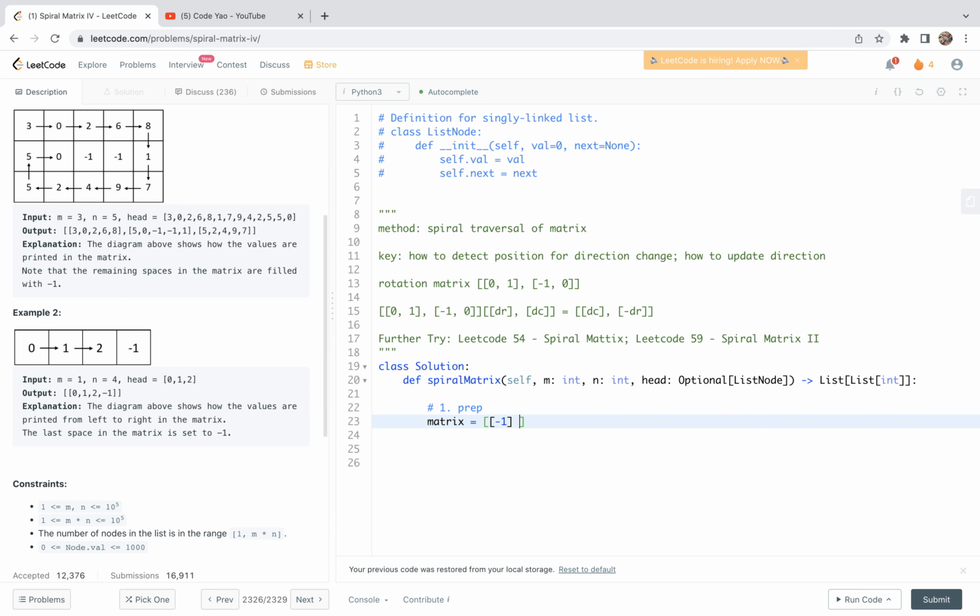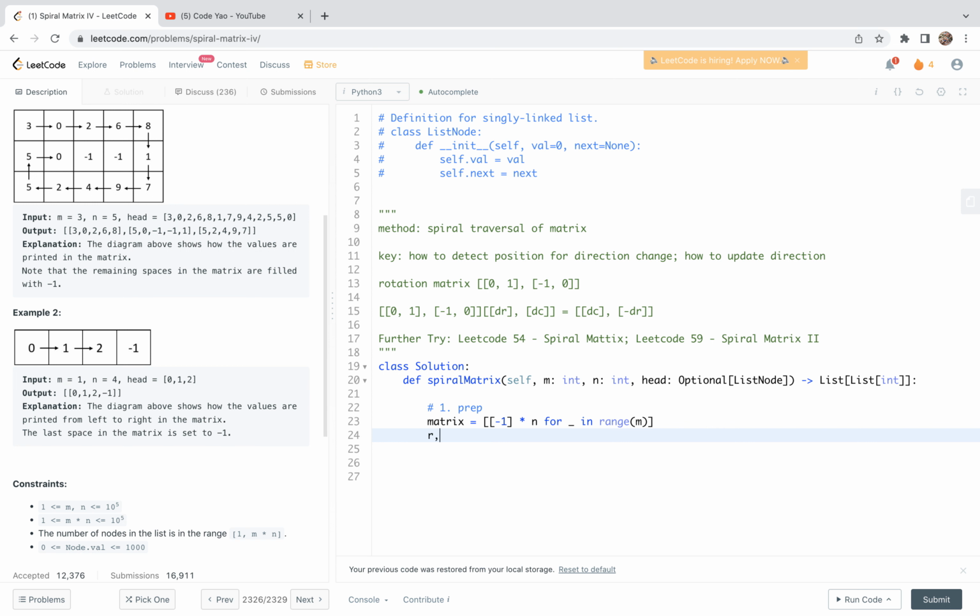So here, I write [-1] times n for a dummy index in range m. We can do this because -1 is immutable, but a list is mutable, so we use this list comprehension in the outer layer.